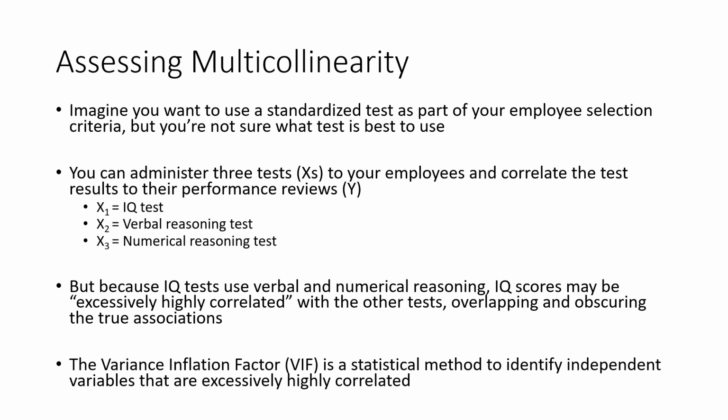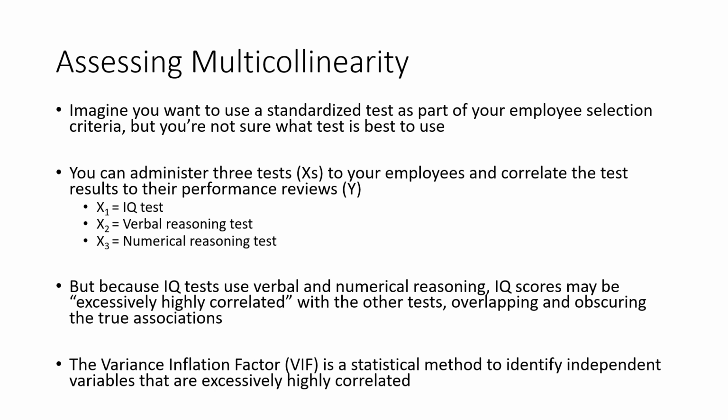So let's imagine for a moment that you want to use a standardized test as part of your employee selection program, but you're not sure which test is the best to use, which one best predicts employee performance or potential employee performance. So let's say you administer 3 tests, X1, X2, X3, to a set of employees. The first one is an IQ test, the second is a verbal reasoning test, and the third is a numerical reasoning test. And you look at their relationship simultaneously on performance reviews.